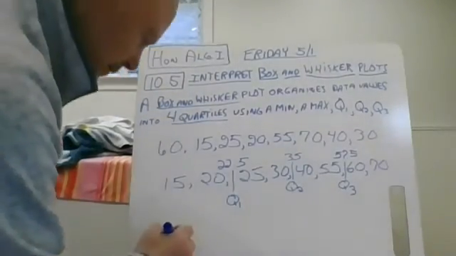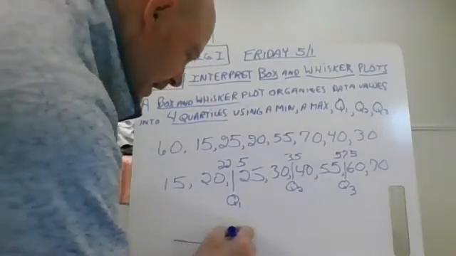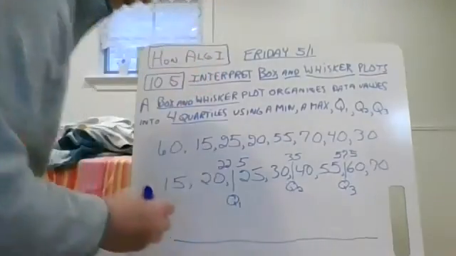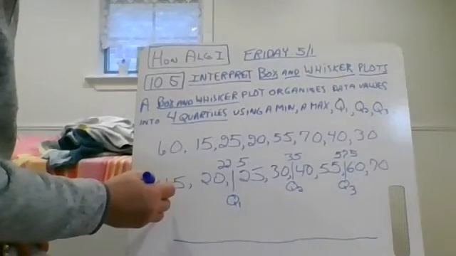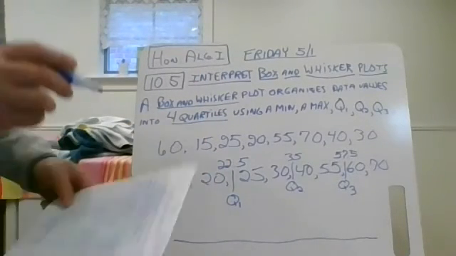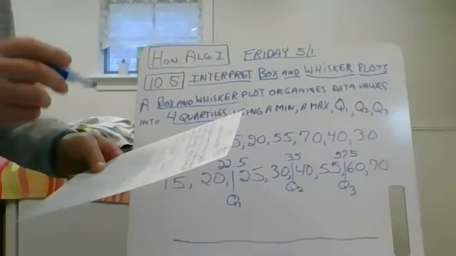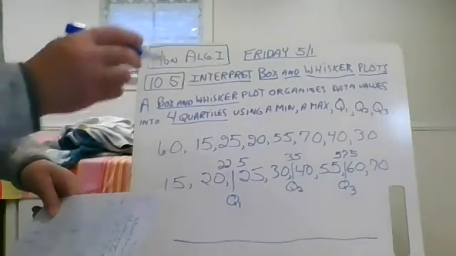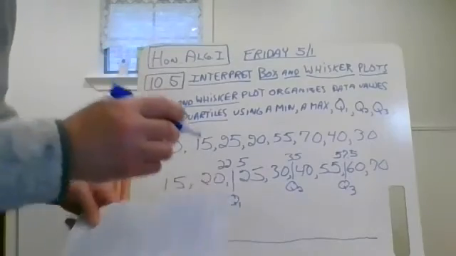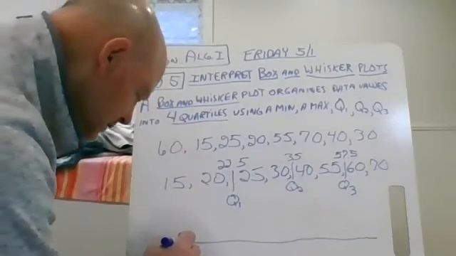All right. The next thing is we draw our number line. We need to go from 15 to 70. So what I did is go from 10 to 70. So you can use the value if you want to. And I went up by 10.